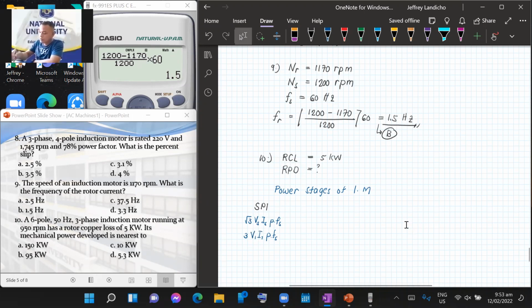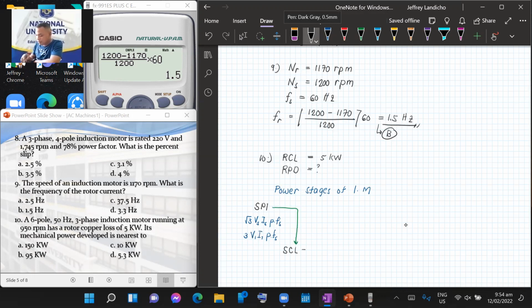Okay? So after that, hindi lahat ng ating electrical power is converted into mechanical power. So una natin tatanggalin lahat ng electrical losses kay stator. Unahin na natin dyan yung tinatawag natin SCL.